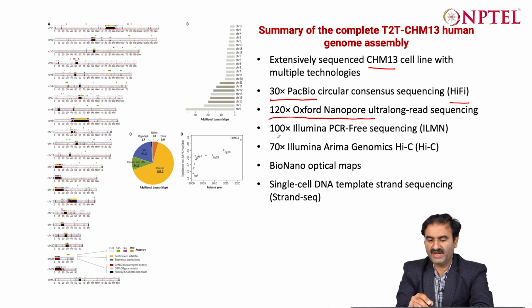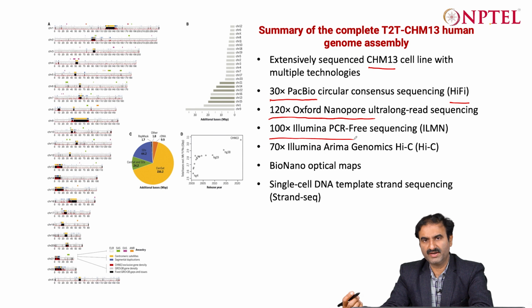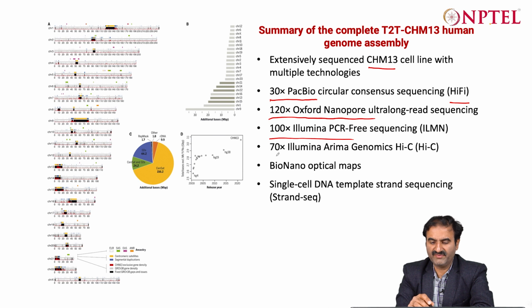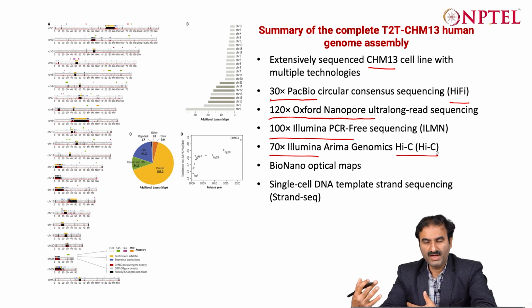Then 100x Illumina data, because a version was already available, and the aim was to fill up the gaps using long reads and also correct the errors in the previous assembly. Then 70x Illumina Hi-C data was generated to look at long-distance chromatin contact information.